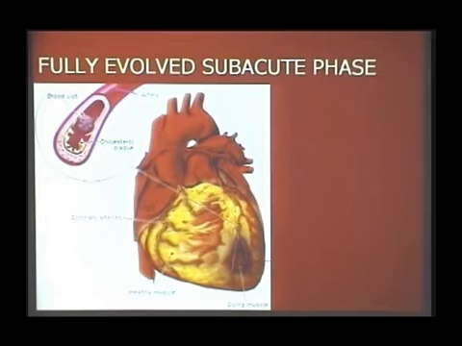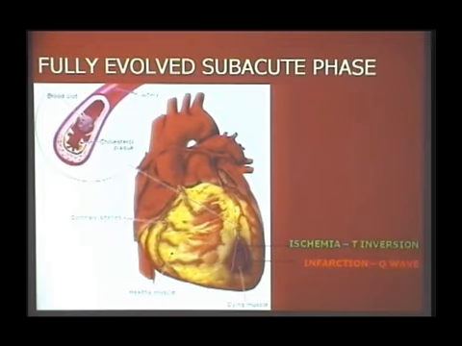The central area of necrosis will continue to produce a pathological Q wave. The surrounding area of ischemia will produce the T wave inversion. So at this point, the ST settles down because the injury is cured, injury is treated.